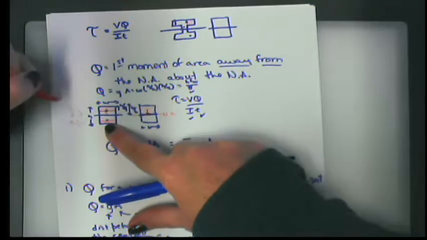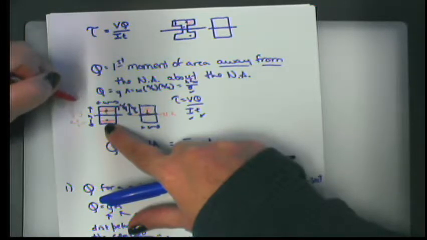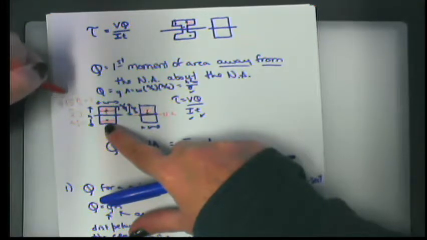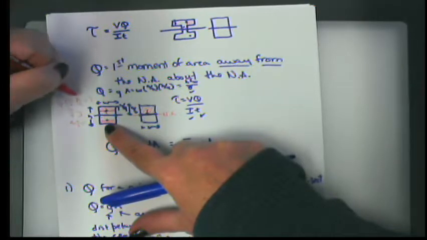So for this chunk, the Q is 3h over 8 times h over 4 times w, which is 3h squared w over 8 times 4, which is 32.